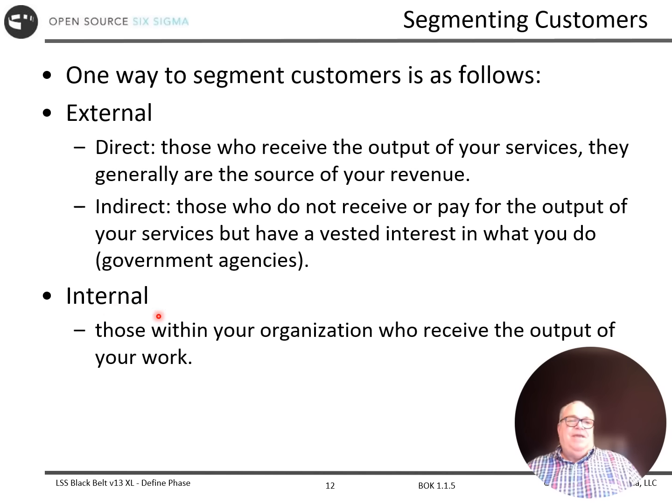These could be internal customers, so it could be one department that hands off to the next. It could be one supplier that hands off to the next that continues the value-added activity until you finally get to the manufacturer that delivers something to the customer. So these are some easy ways to look at who we might try to satisfy.